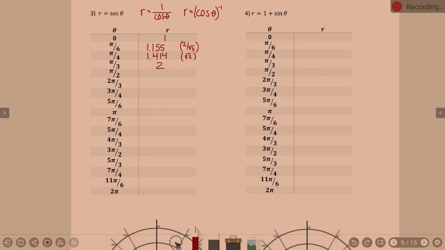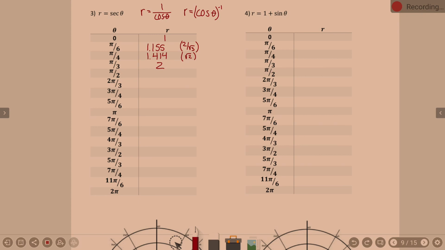So, what about the secant of pi over 2? 0. So the cosine of pi over 2 is 0. So what's the secant? What's the reciprocal of 0?